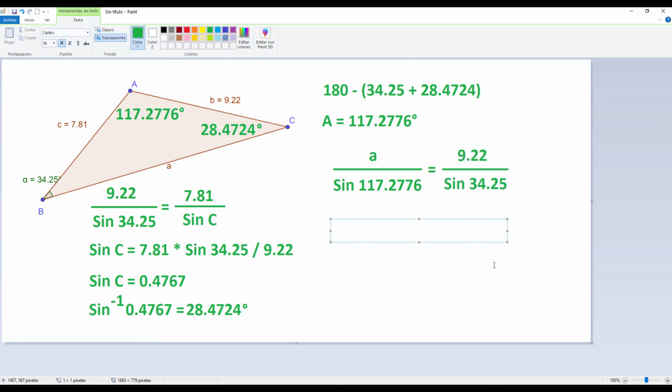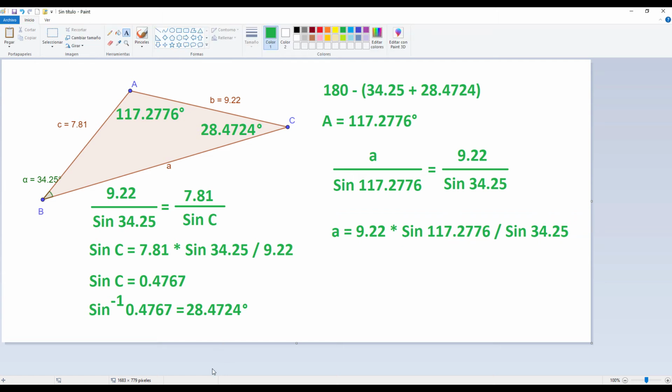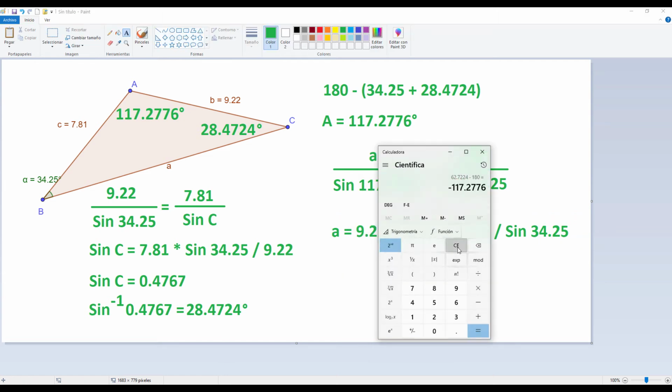So use rule of 3. Divided by sine of. Okay. So here.